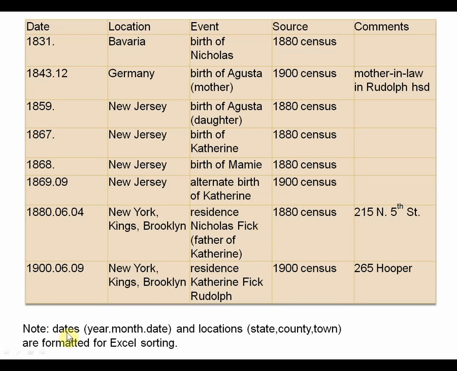I want you to note that my dates are formatted with a 4-digit year followed by a decimal point, a 2-digit month followed by a decimal point, and a 2-digit date. That allows me to sort this table chronologically. Excel has a problem with dates before 1900.